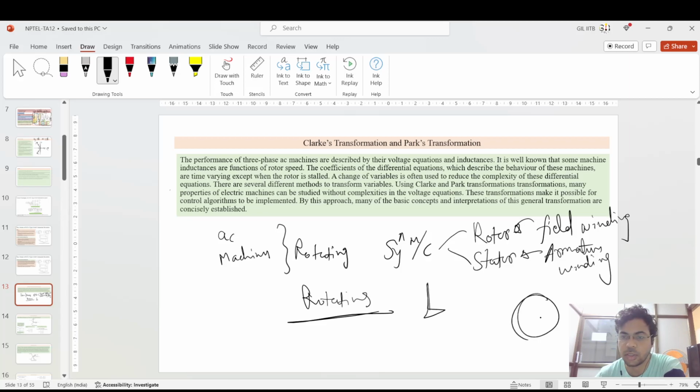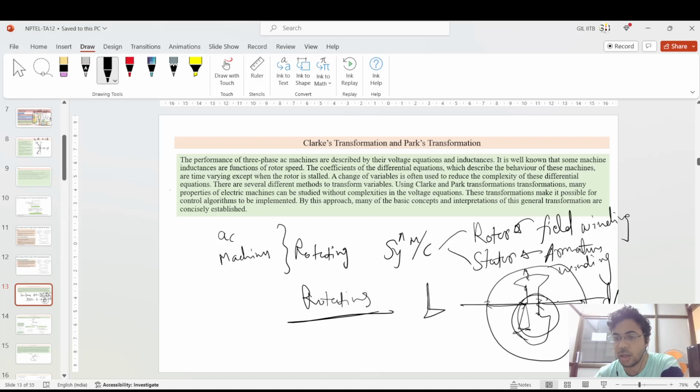What will happen is that in some machines, the inductance varies. Suppose you have the stator and the rotor, and this is not cylindrical. Suppose this is a salient pole rotor. So the reluctance is variable. If you see the reluctance in the D axis, it's high.